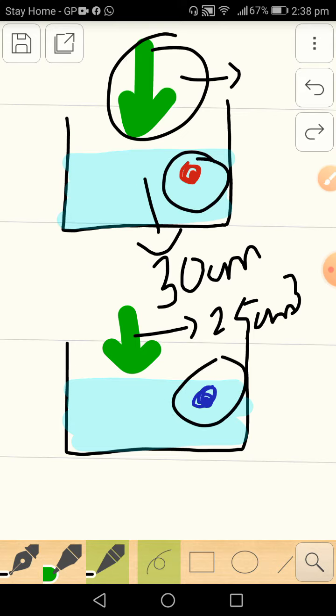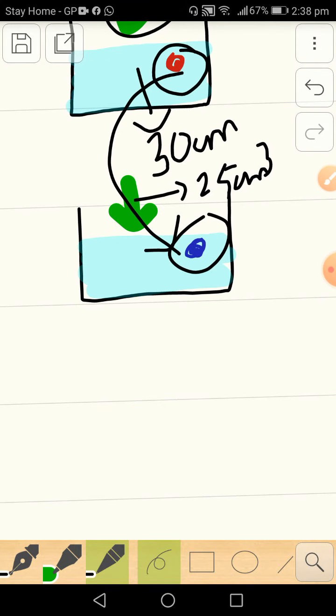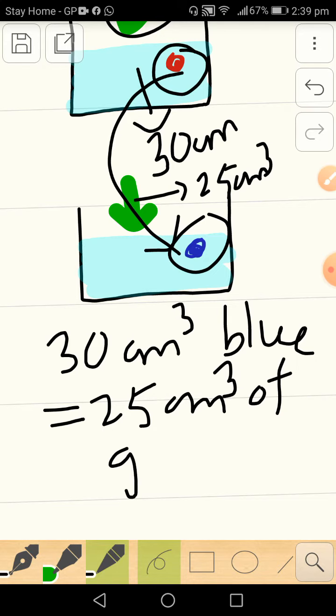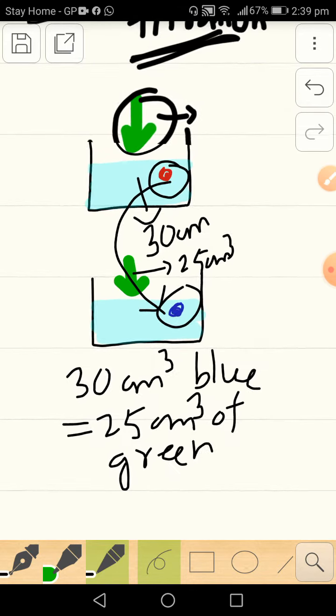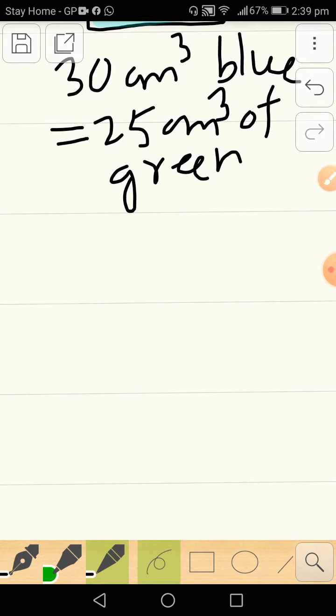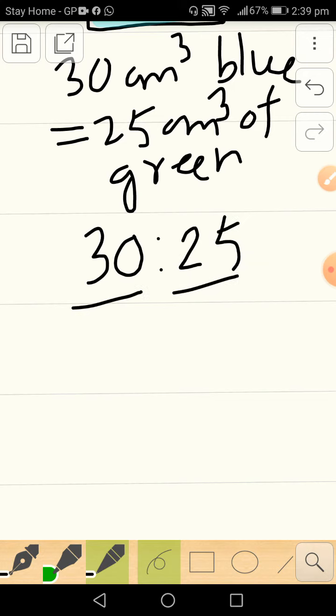So what we can conclude from here is that 30 cm cube of blue solution needs 25 cm cube of green solution. Now we will make a ratio. The ratio of blue to green is 30 to 25, or we can say 6 to 5.